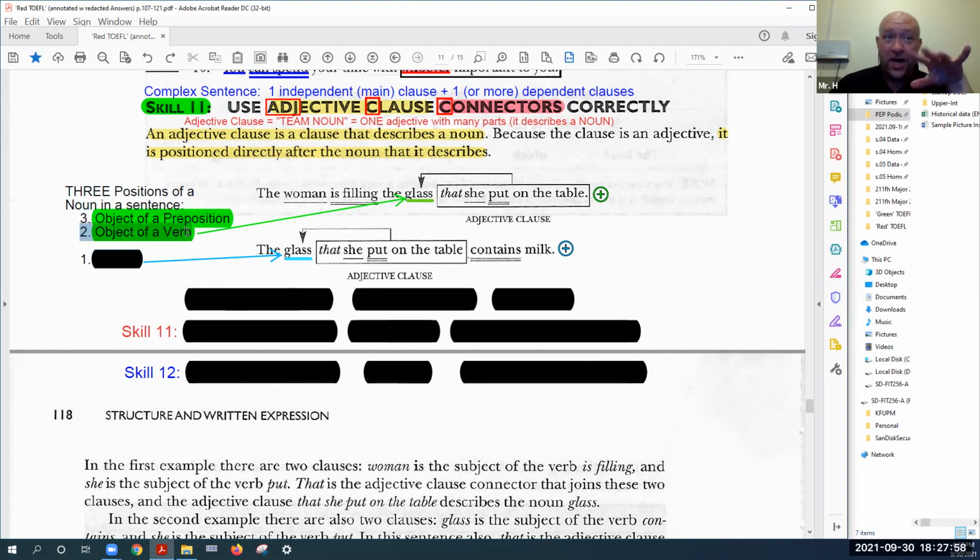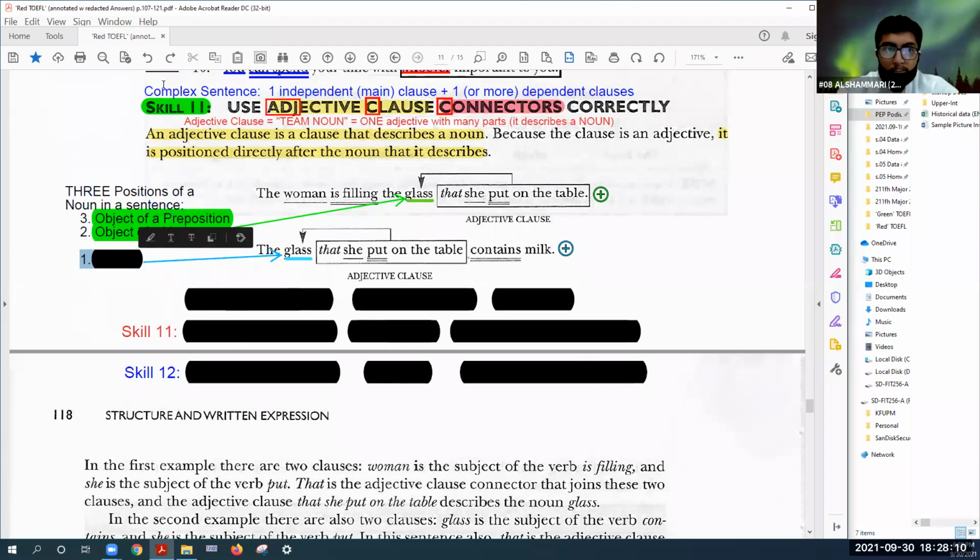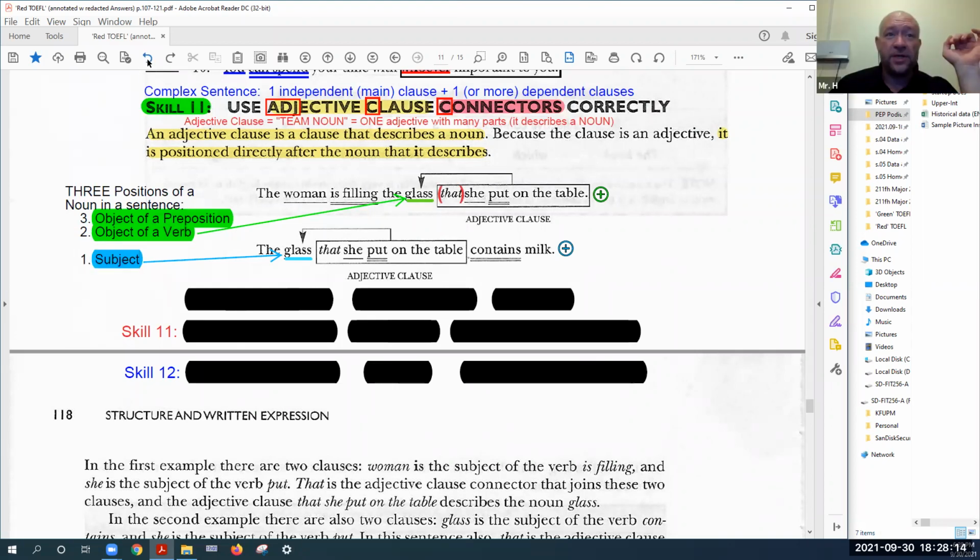Formula 2, object of a verb. Mr. H, I can't see anything. Can't see it? Okay, who can? What is formula 1, everybody? Subject. Bingo. It's a subject.